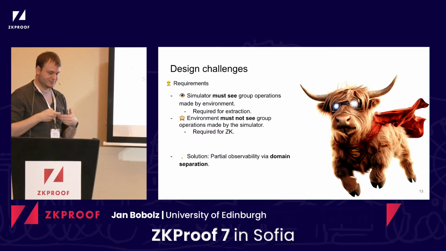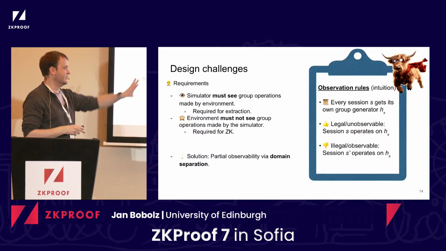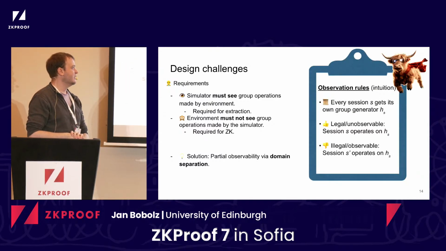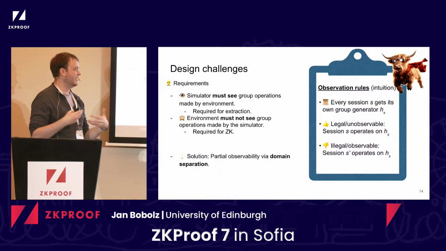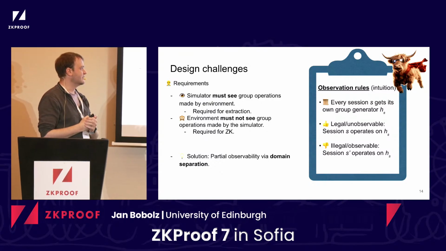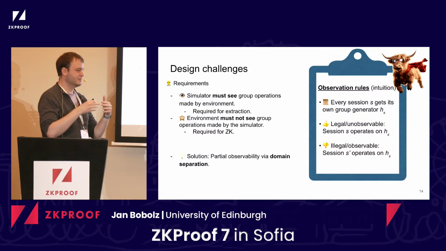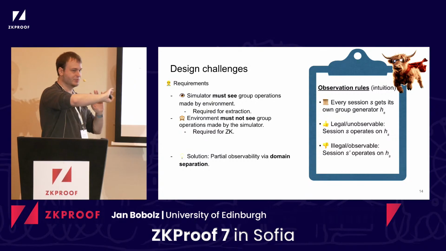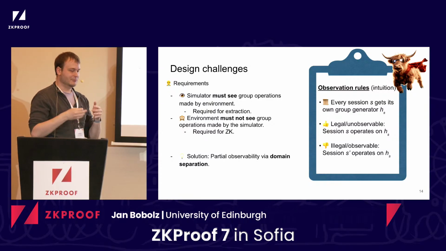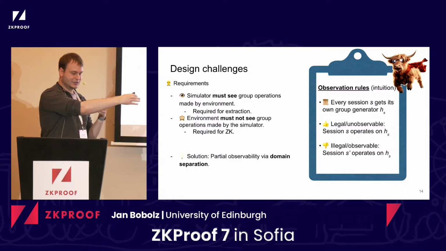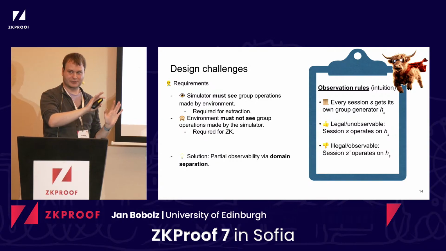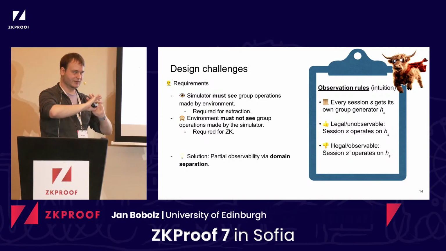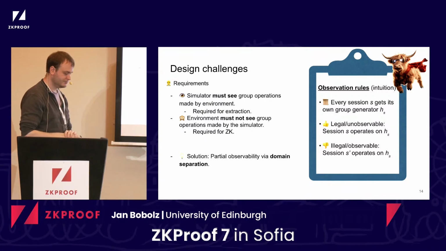This is the whole idea, basically also the main idea of this paper: every different protocol session, if I have multiple protocols, they all run in different sessions, and UC assigns them session IDs, S. I will basically say that every protocol session will get a different random generator of the group. That's going to be the domain separation.